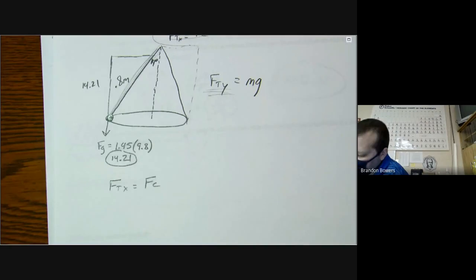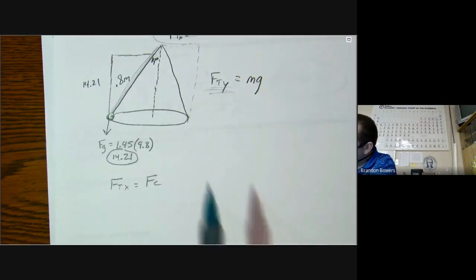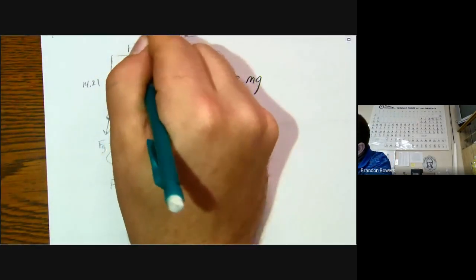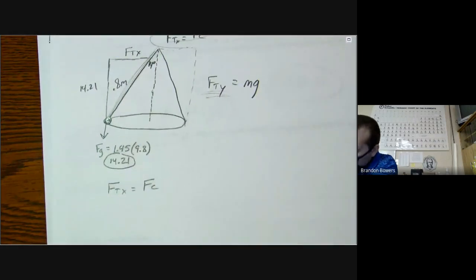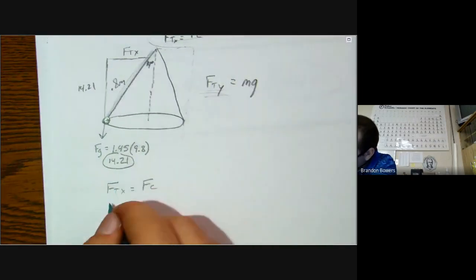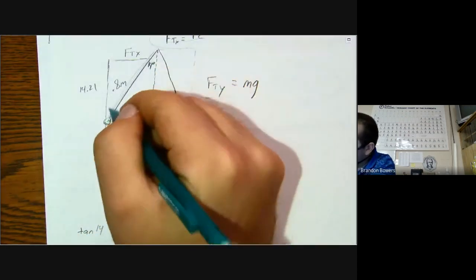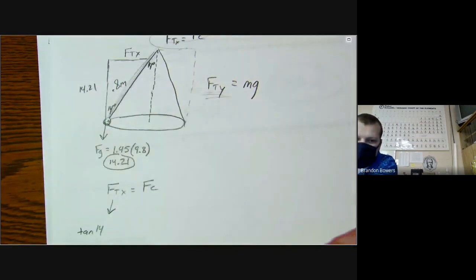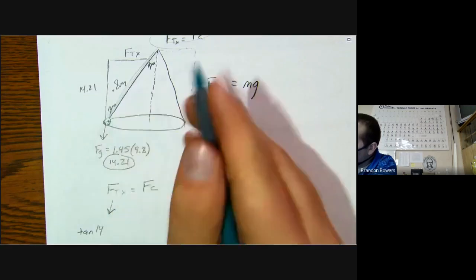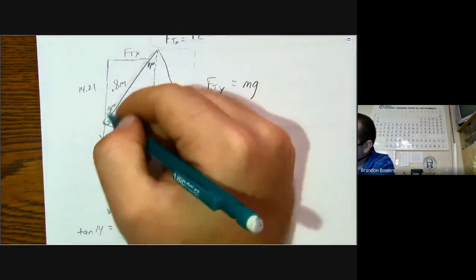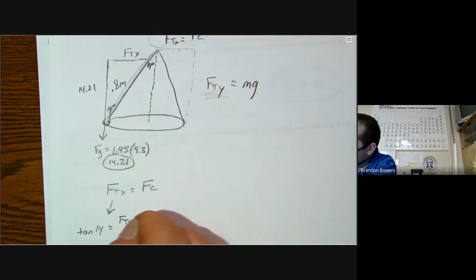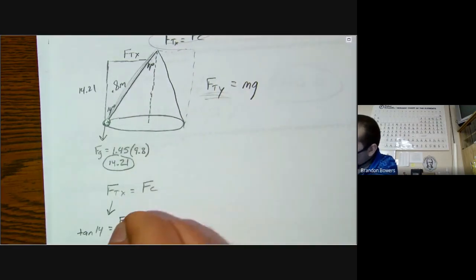Now, what I'm going to do is create a little equation to get Ft of x. That's up here, right? That's Ft of x. So in other words, the tangent of 14. If this is 14, that's 14. Does that make sense? So the tangent of 14 is equal to the opposite, Ft of x, over my adjacent, 14.21.